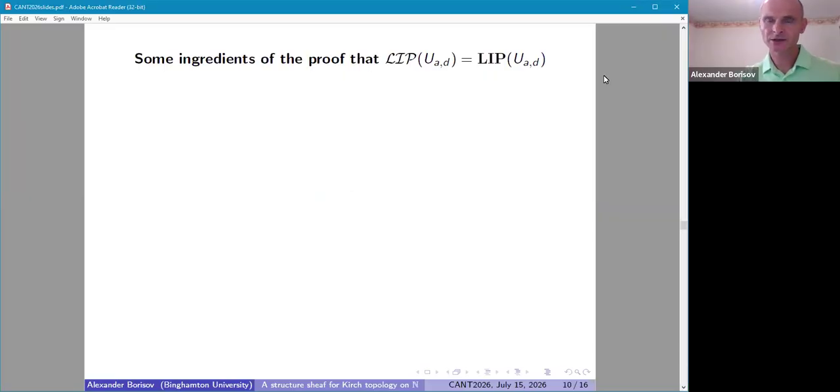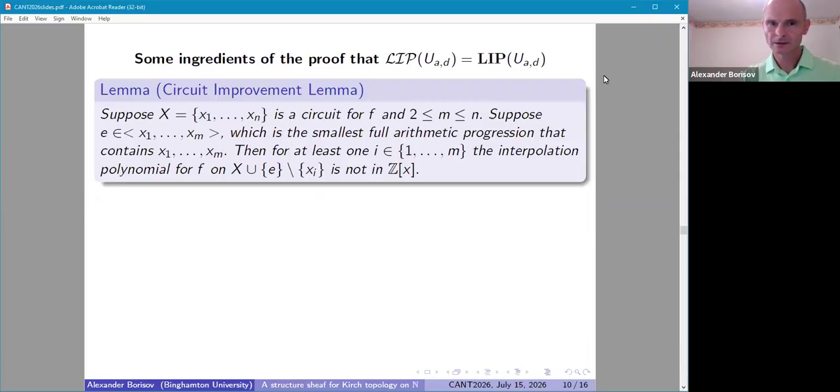Now, here are some ingredients in the proof of the theorem that on basic sets, every locally lib function is lib. Circuit improvement lemma. This is a bit more complicated lemma, but still just a lemma. The hardest thing was to figure out that's what's needed.